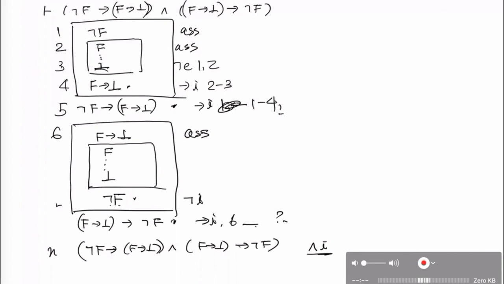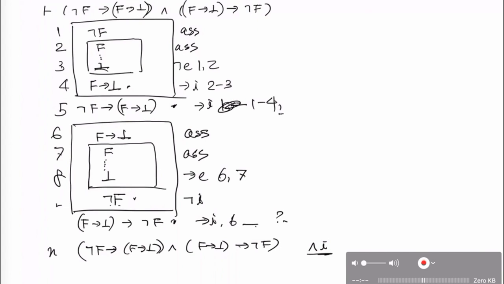So the thing is, how do we go from this f and f implies bottom to derive bottom? Well, it's actually easy. This is just one step. So this is the assumption. Line 8 can be just directly using the implication elimination for lines 6 and 7.